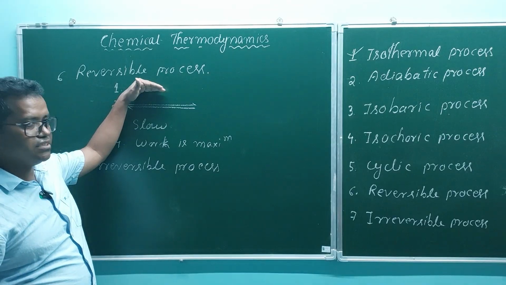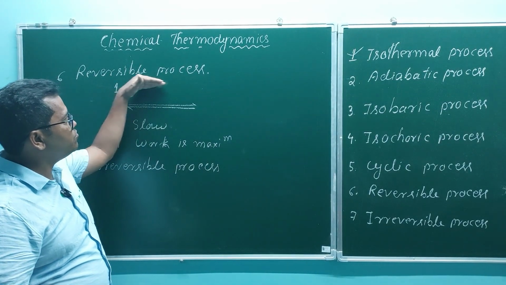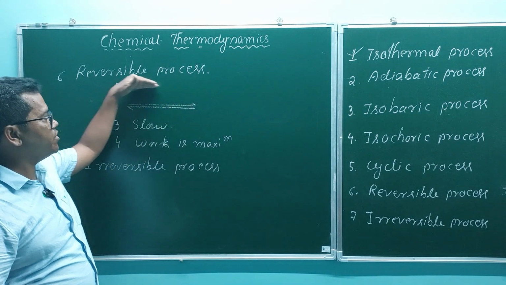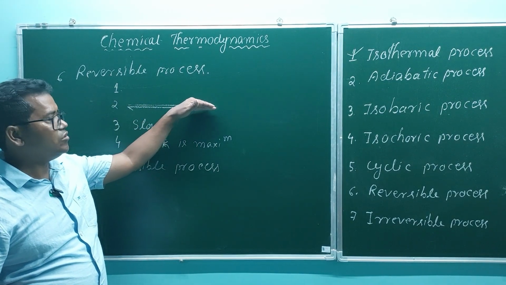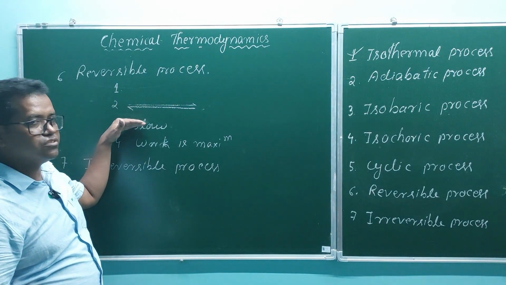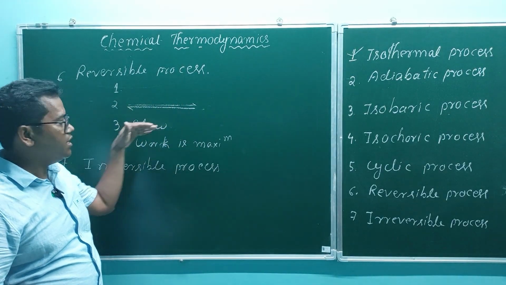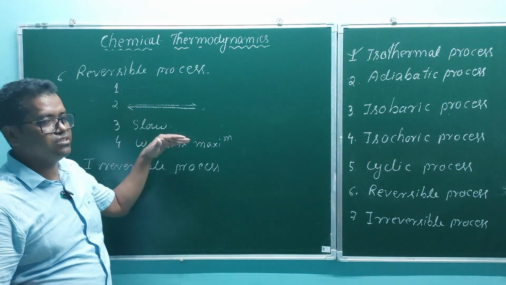So these are 4 points. A reversible process can proceed forward as well as backward, all the steps involved in the forward journey are also repeated in the backward journey, this process occurs very slowly, and the work produced in this process is maximum.